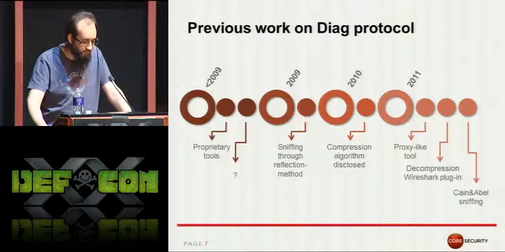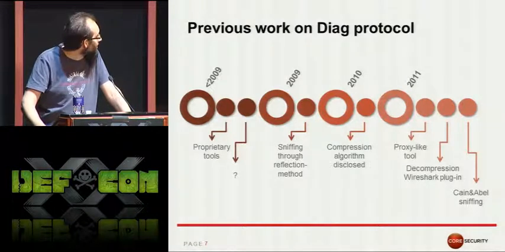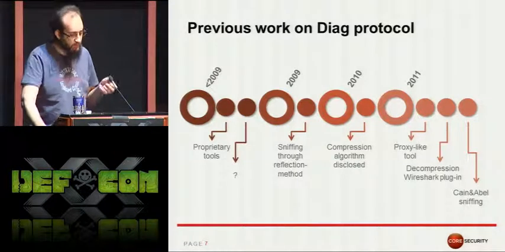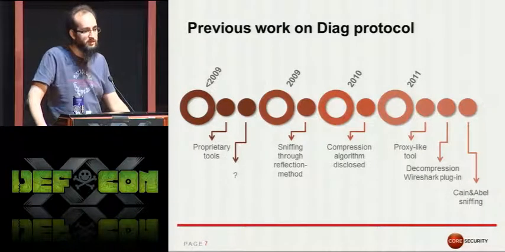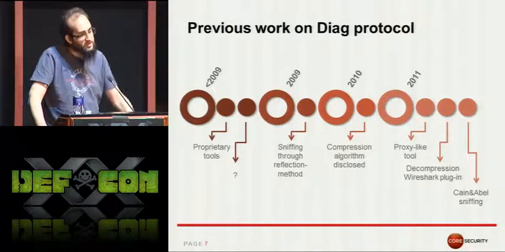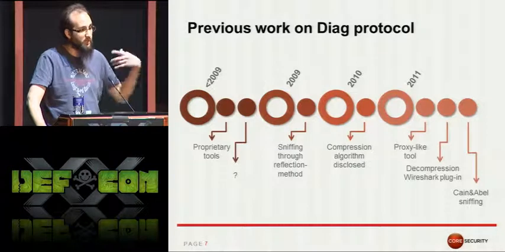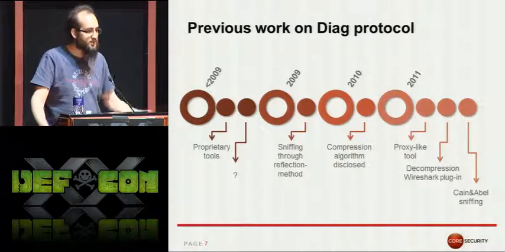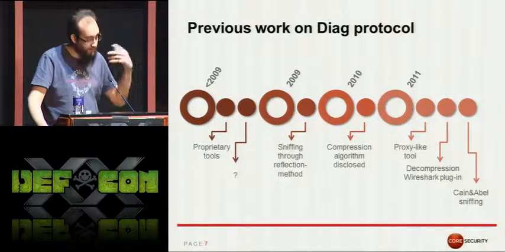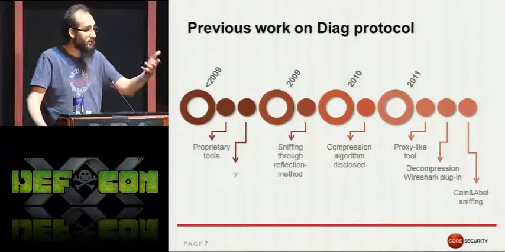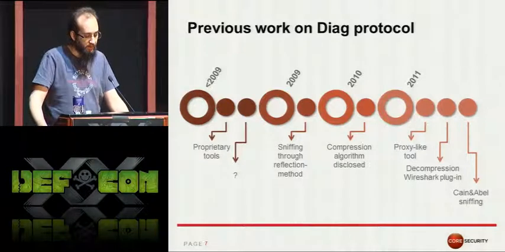Also in 2009, Securion published a paper in which they introduced a method for sniffing the clear text credentials, which they called a reflection method, which is basically to get a network trace of a login and start a fake server, using the trace of that session and connecting with another GUI to that fake server and looking into process memory to get the plain text password.